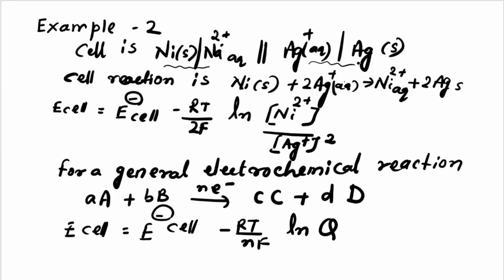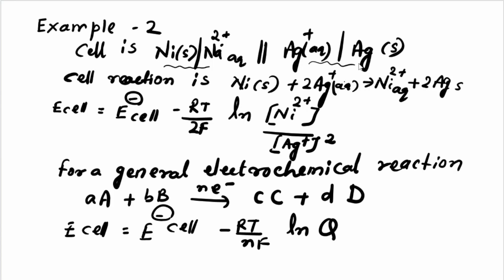So E cell, according to the formula, equals E standard, meaning the standard electrode potential, minus RT by nF and ln of the Ni+2 molar concentration divided by the Ag+1 molar concentration.